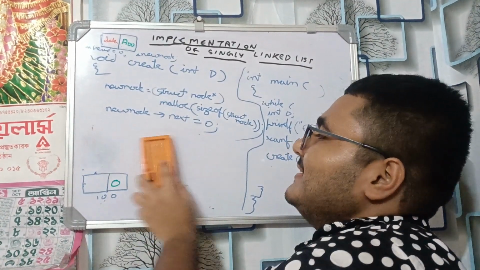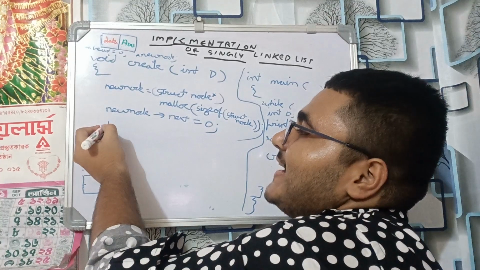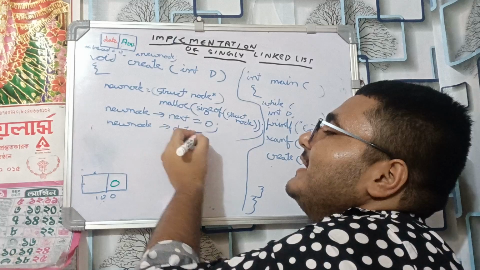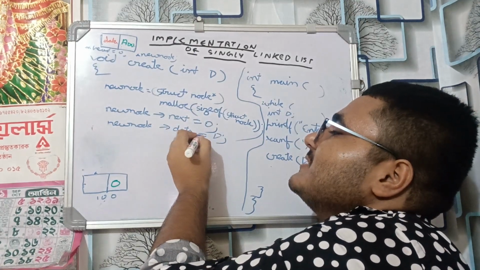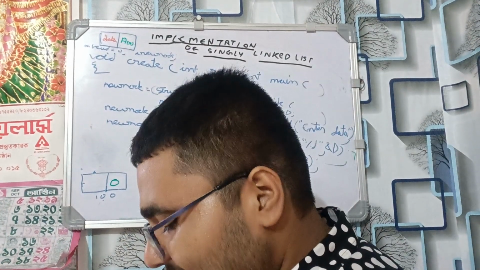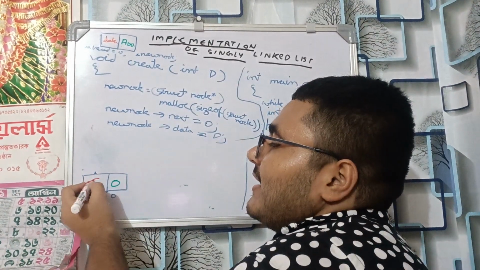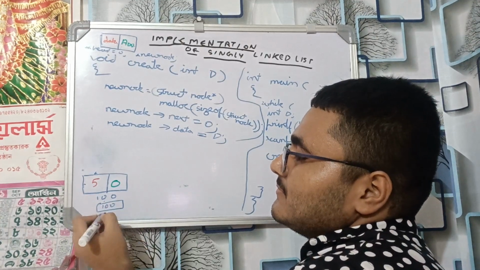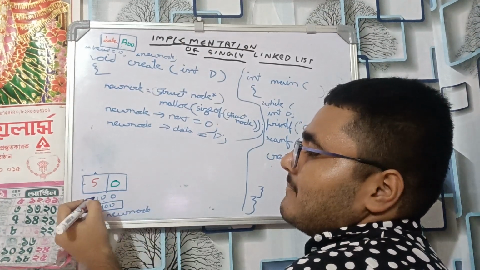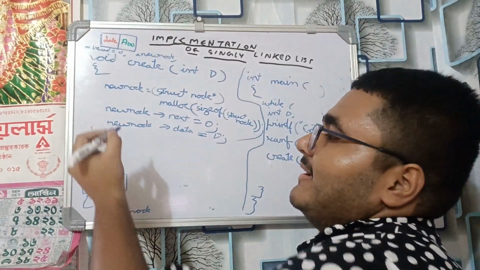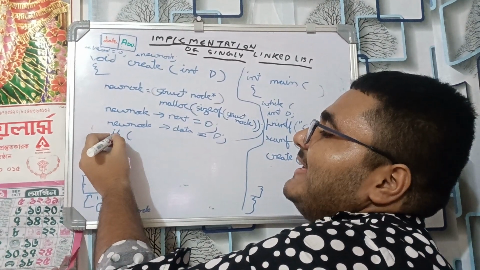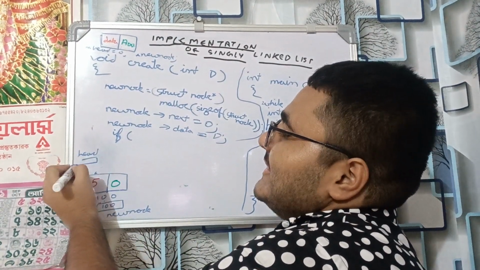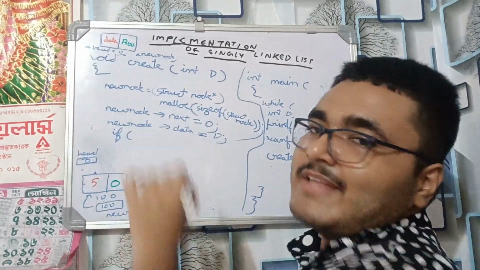We can do it like this. First, in new node's data I am storing d. In new node's data I have to store d, because I need to store data, right? So suppose d had value 5, so 5 has been stored here. And now what am I going to do? See, in only one case, when head is null, initially head is null, that means 0.